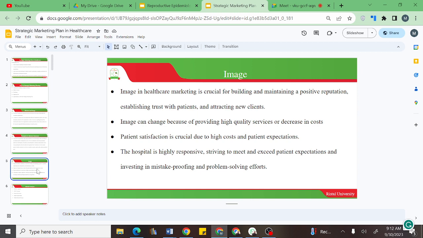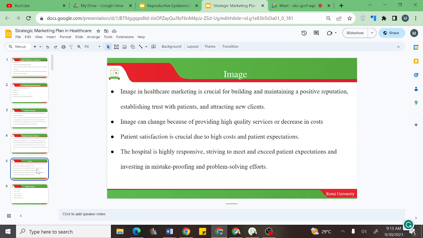You need to have a hospital that is responsive and always striving to meet the needs and even exceed the expectations of the clients that it serves. Making sure that there are strategies that can reduce or even eliminate errors.